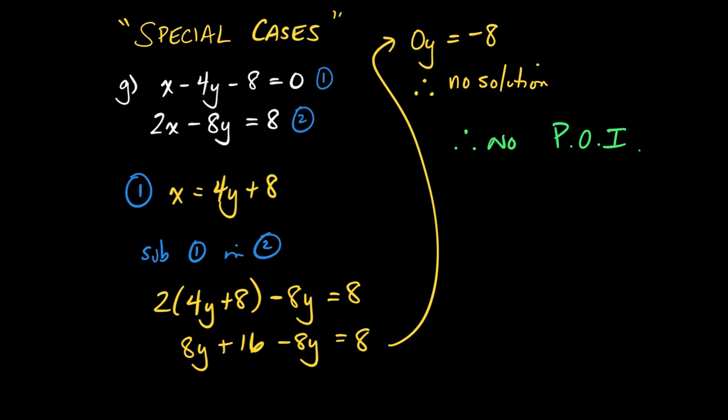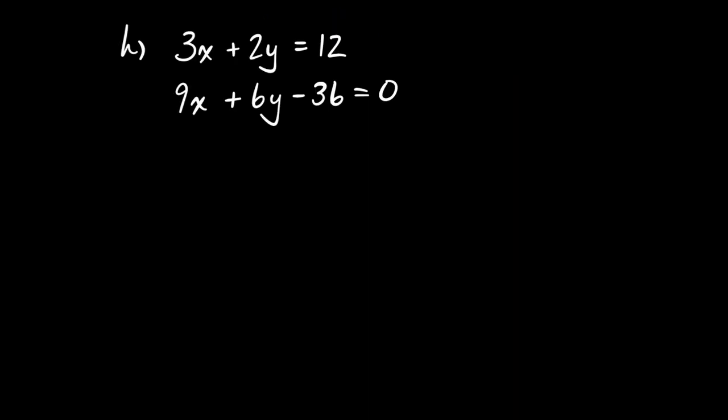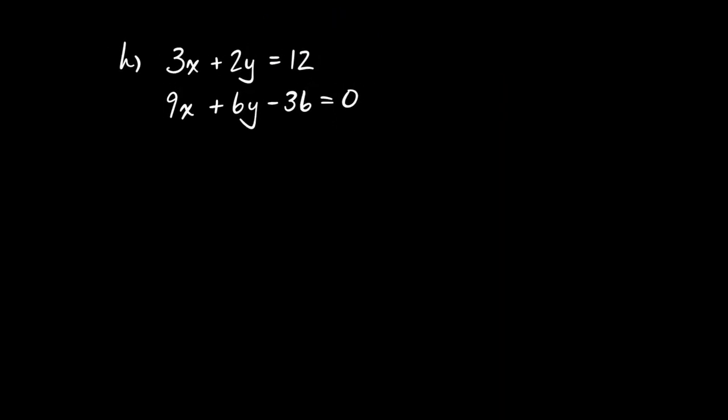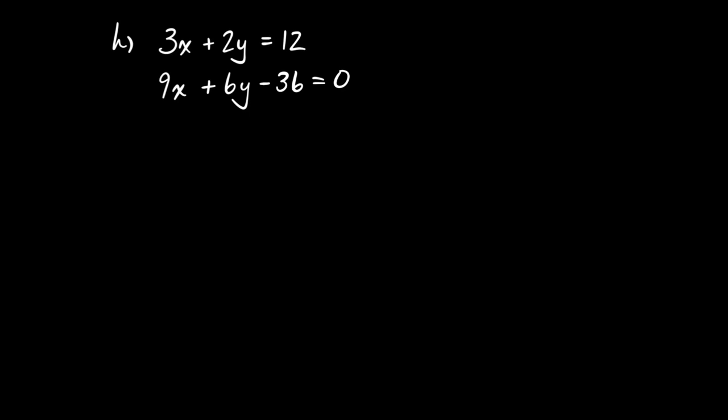Okay, let's try one last special case. You'll see on the screen the system I gave you in H. And I want to address the exact same thing. We are good with solving a system, but what situations may arise? Well, you take a look at both equations and you're like, ugh, none of them have a coefficient of 1.